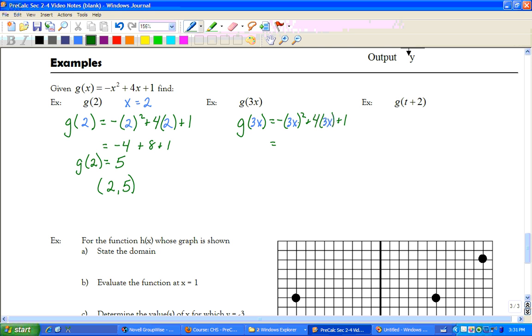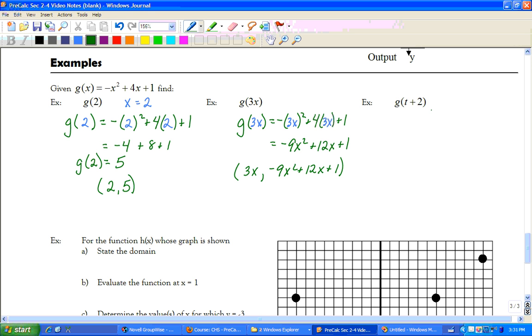So (3x) squared is 9x squared, and then I take the opposite of that, so I get negative 9x squared plus 12x plus 1. We usually don't write it this way, but this still does represent a point. The x-coordinate, or the first coordinate, is 3x, and then the output is negative 9x squared plus 12x plus 1.